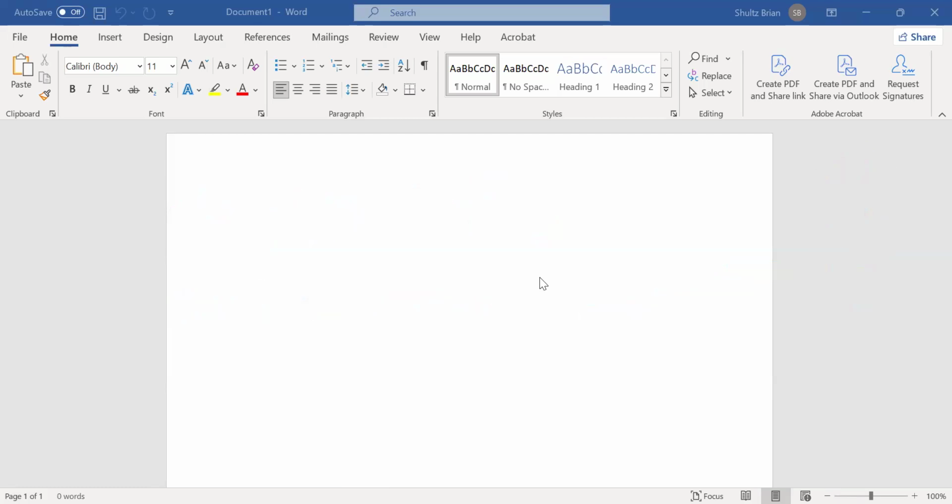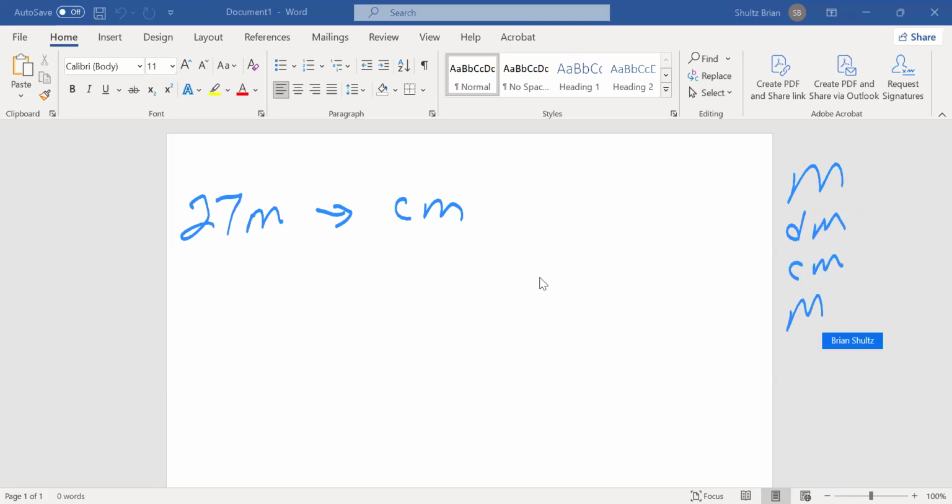If I am changing from 27 meters to centimeters, meters are relatively big compared to centimeters. I've got meters, decimeters, centimeters, millimeters. So I'm going 2 places.